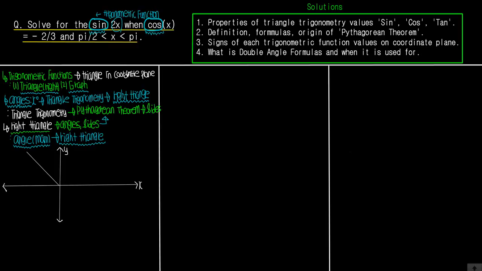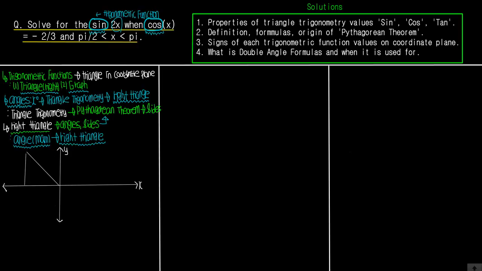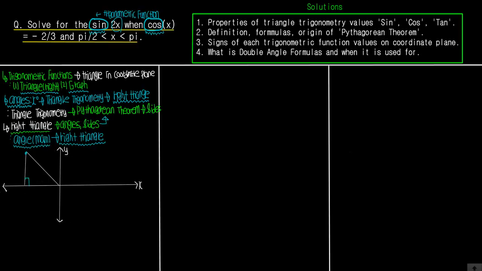The first type will look something like this, because the main angle, let's say, should always be located somewhere in our quadrant, and let's say our main central angle is right over here. This can be one, where the 90 degree angle should always exist, and it is right over here.